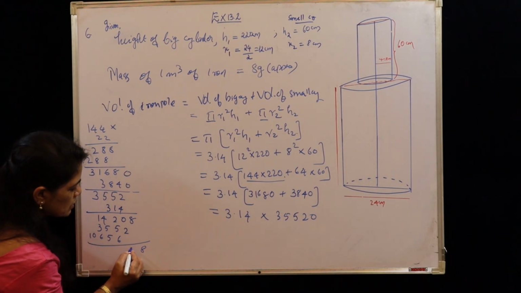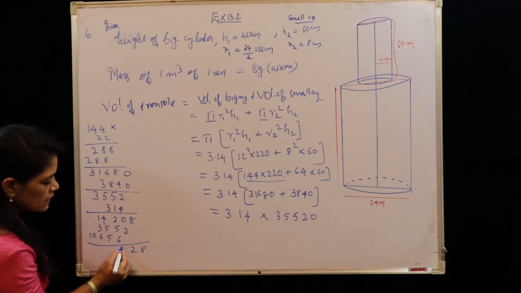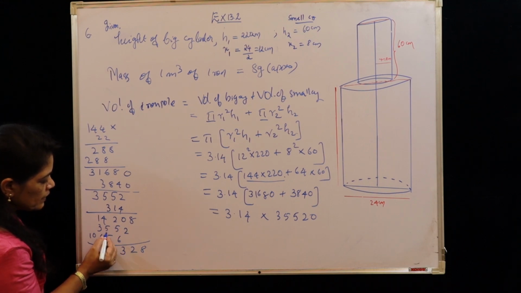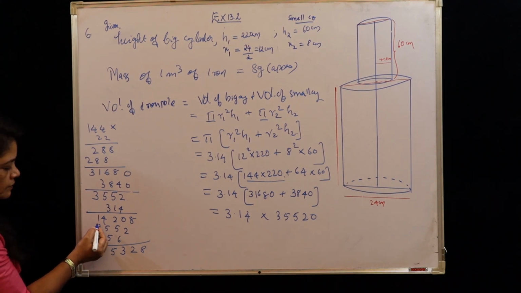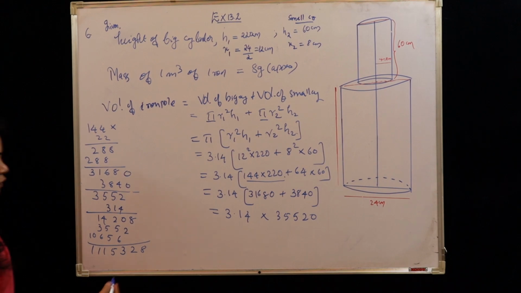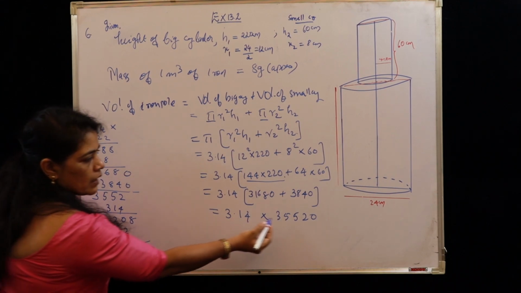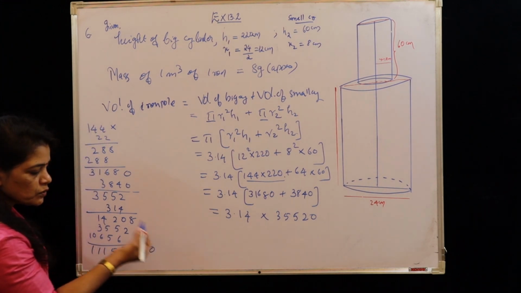Okay, 8, 2, then 11 and 13, 1 carry, then 15, 1 carry again, then 10, then 11, then 1. Then 1 0, because we have this 0. Then we have to shift 2 decimal points to the left.